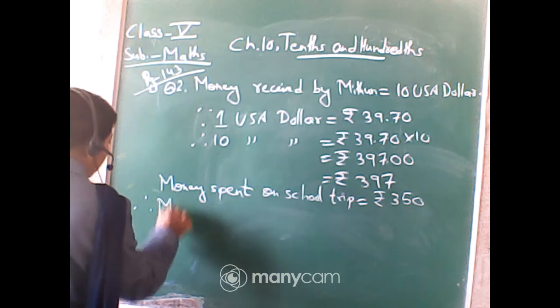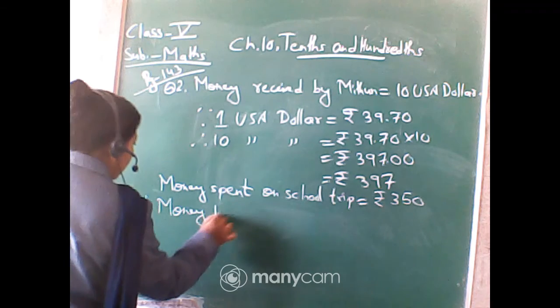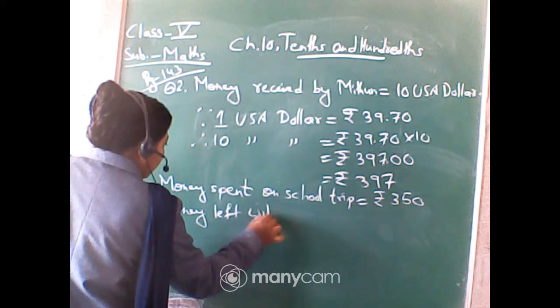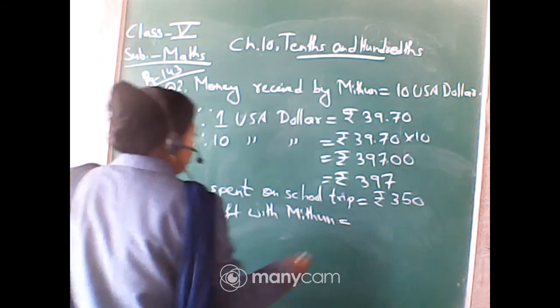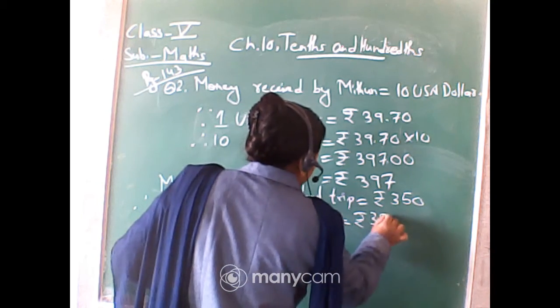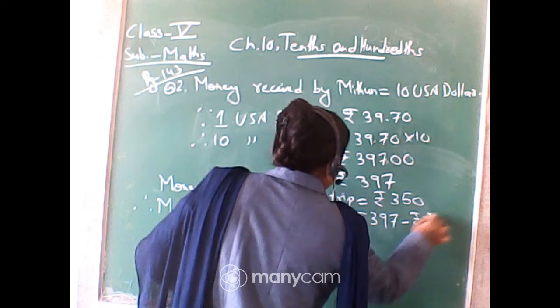Therefore money left with Mithun is equal to rupees 397 minus rupees 350.